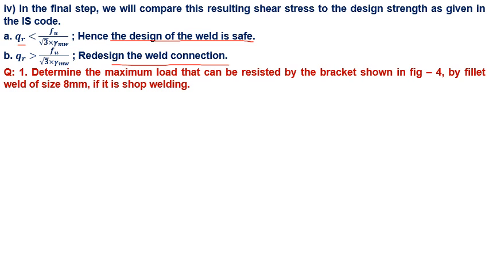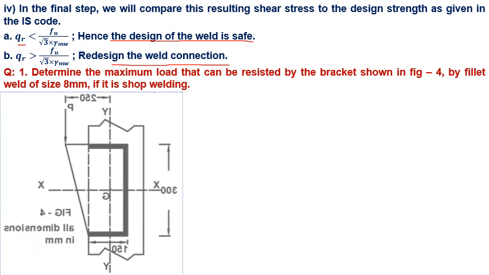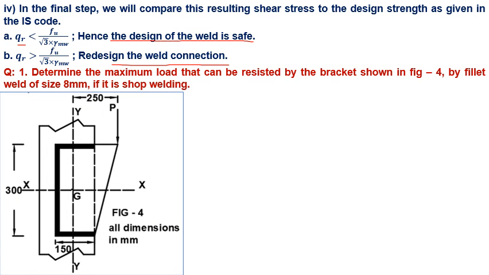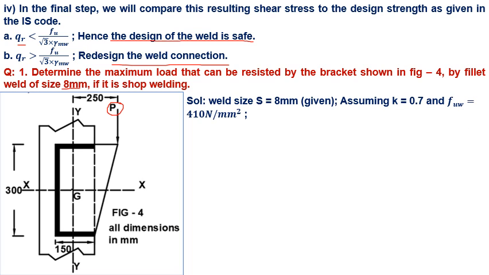Determine the maximum load that can be resisted by the bracket shown in figure by fillet weld of size 8 mm if it is shop welding. This is the diagram. We have to calculate in this question the force P, and given weld size is 8 millimeter, assuming that K value is 0.7 from table number 22 of IS 800, and Fuw, ultimate strength in weld, is 410 Newton per mm square.